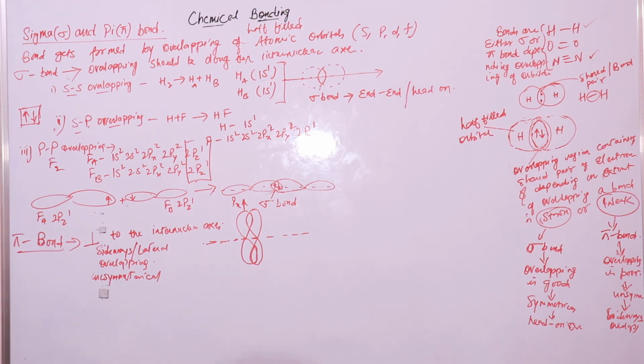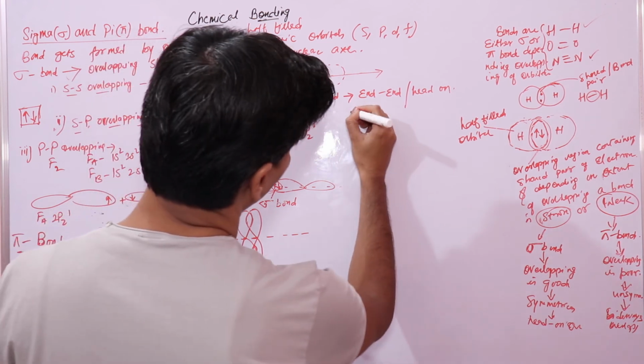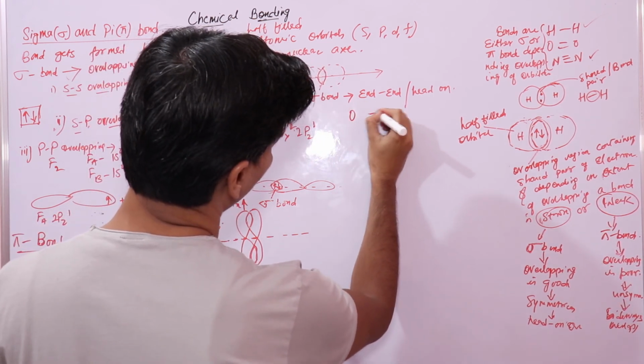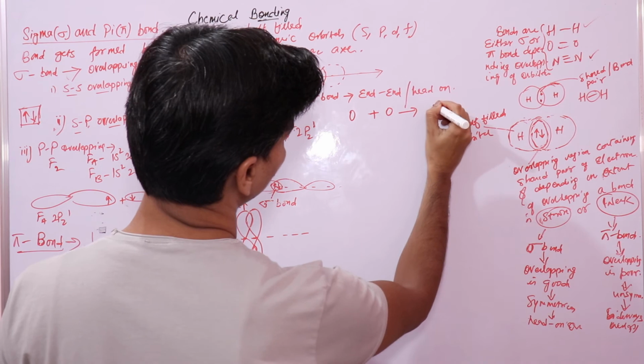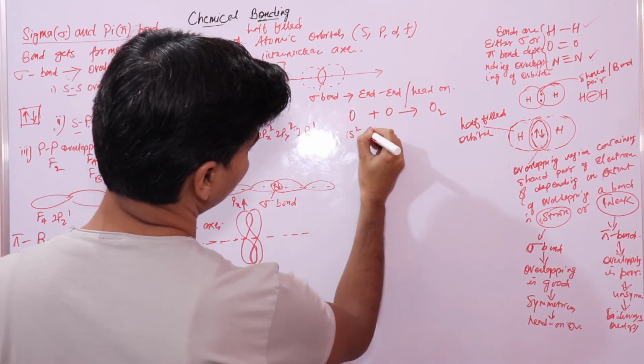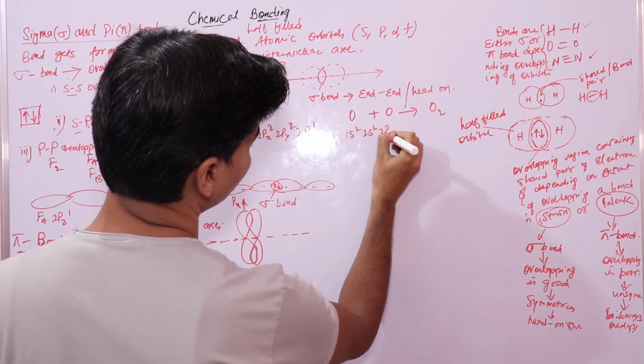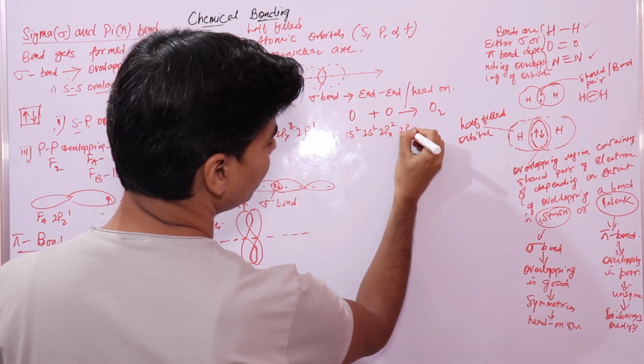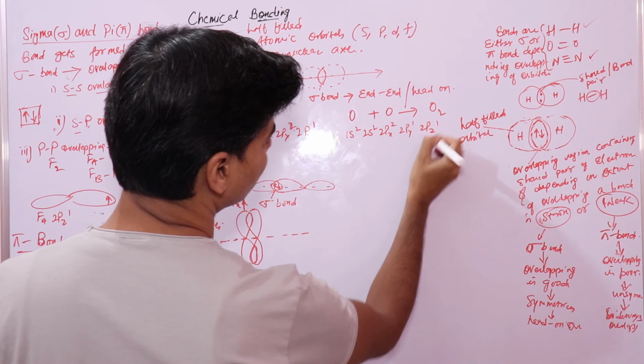when oxygen forms, these two oxygen atoms will come close to form an oxygen molecule. The configuration is 1s2, 2s2, 2px2, 2py1, 2pz1.